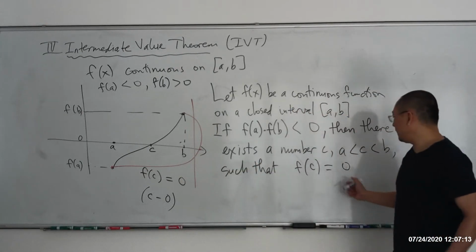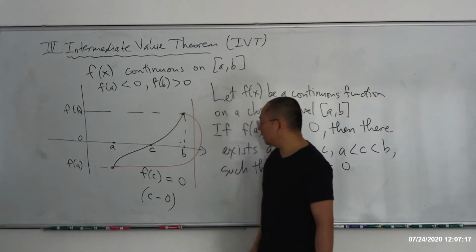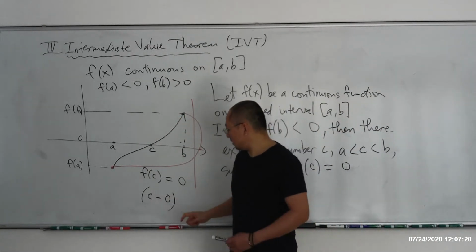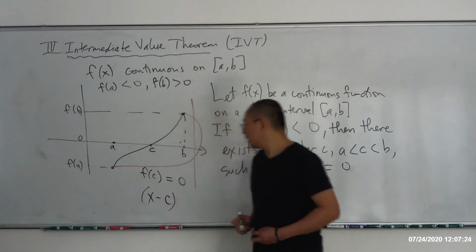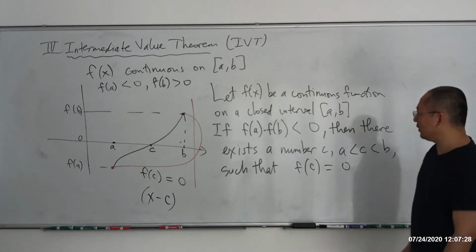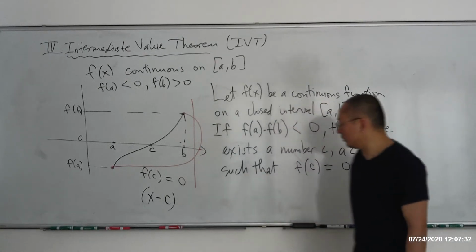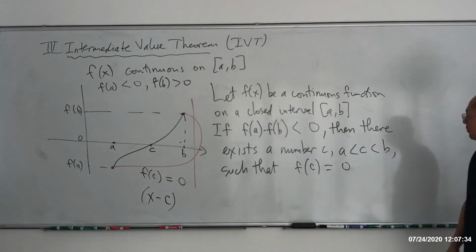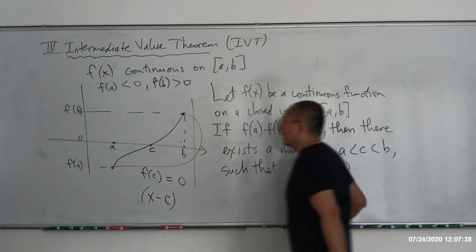And by saying f of c equal to 0, we say that c is the zero of the polynomial, and x minus c will be the linear factor. I wrote it wrong here. X minus c, I'm sorry. Correct that for me. It's supposed to be x minus c. Okay, and that was the theorem.